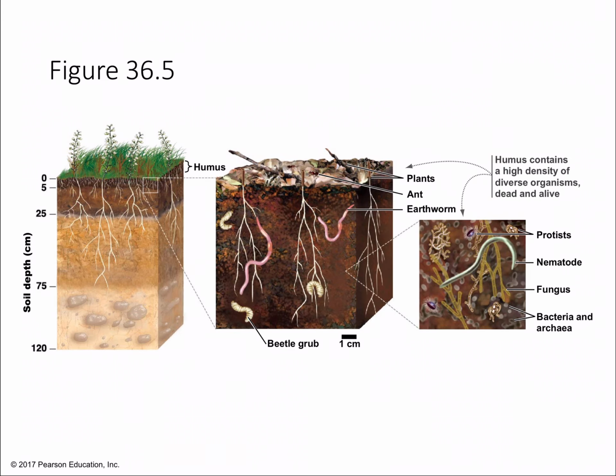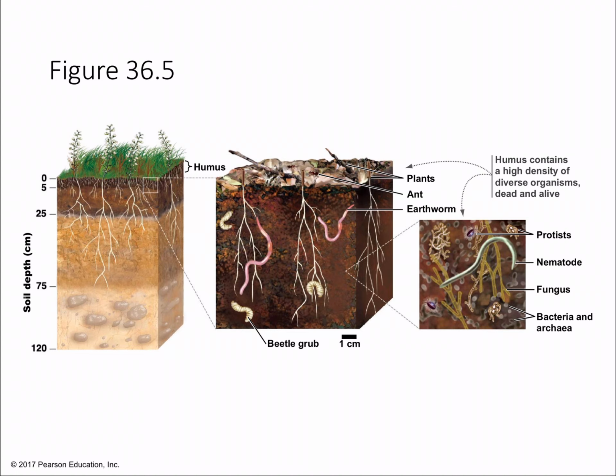So here we're looking at the layers of the soil and the soil depth. You can kind of see where the humus is. It's the most fertile layer here, and it's where the roots are going to be mostly located for these grasses. Some dive deeper to get to different nutrients that may be in the deeper layers.